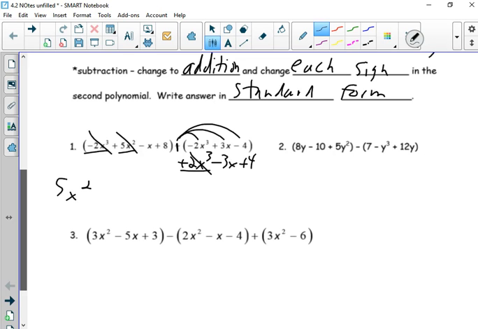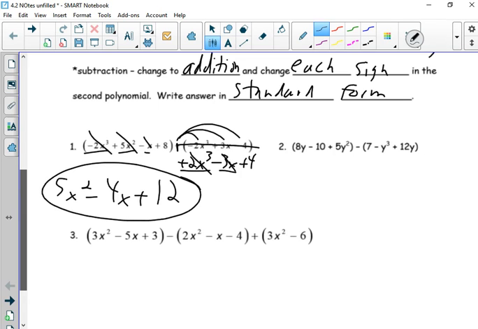Oh, another good idea is once you write this, you might want to just cross that out so it doesn't confuse you anymore because that's not what you're looking at. X's, minus x minus 3x minus 4x. Cross them out. Numbers, 8 plus 4, 12.